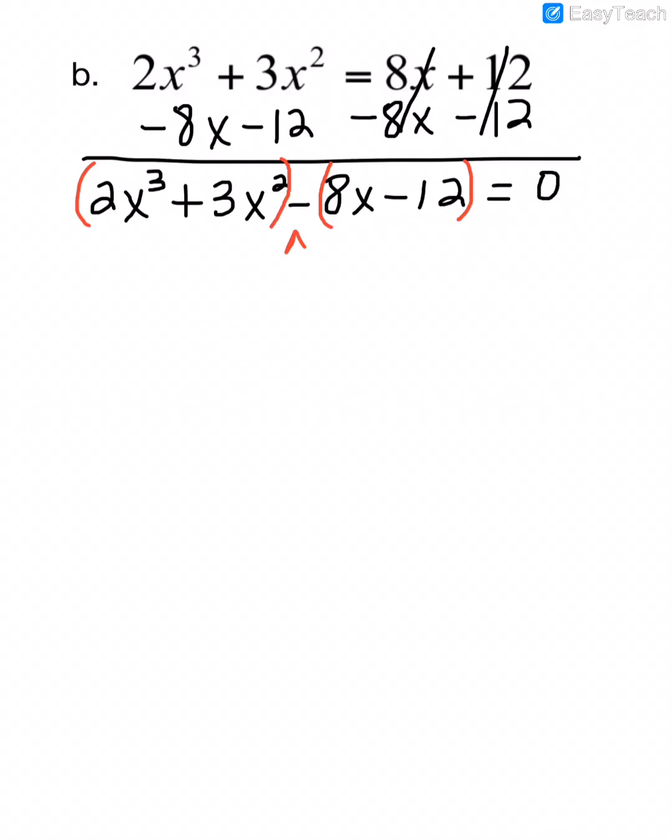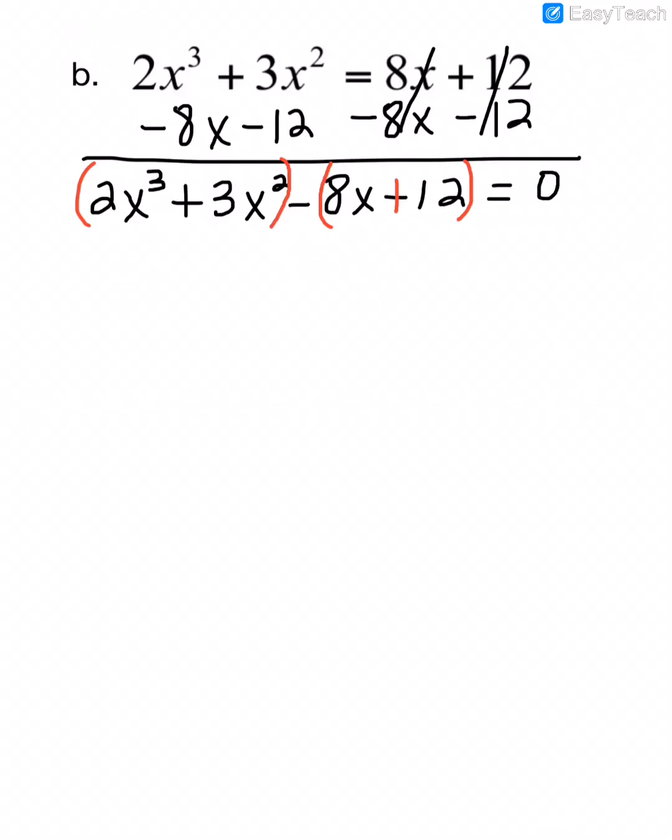But we need to make sure to look at this sign. If that sign in the middle is negative, that means we need to change the sign in the parentheses after it. Now that we've done that, we're going to look at each group and see what the greatest common factor is in each group.